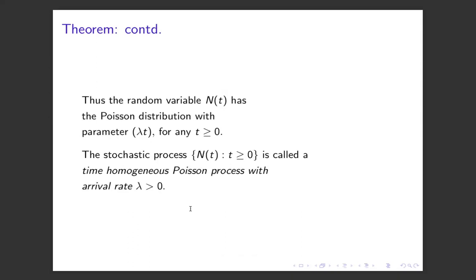And therefore, the continuous time stochastic process Nt is called a time homogeneous Poisson process with arrival rate lambda greater than 0.